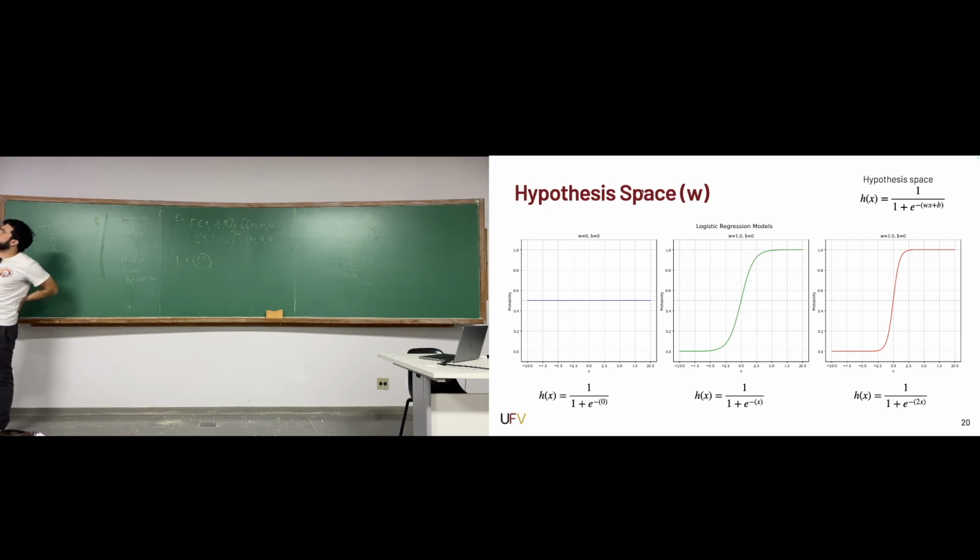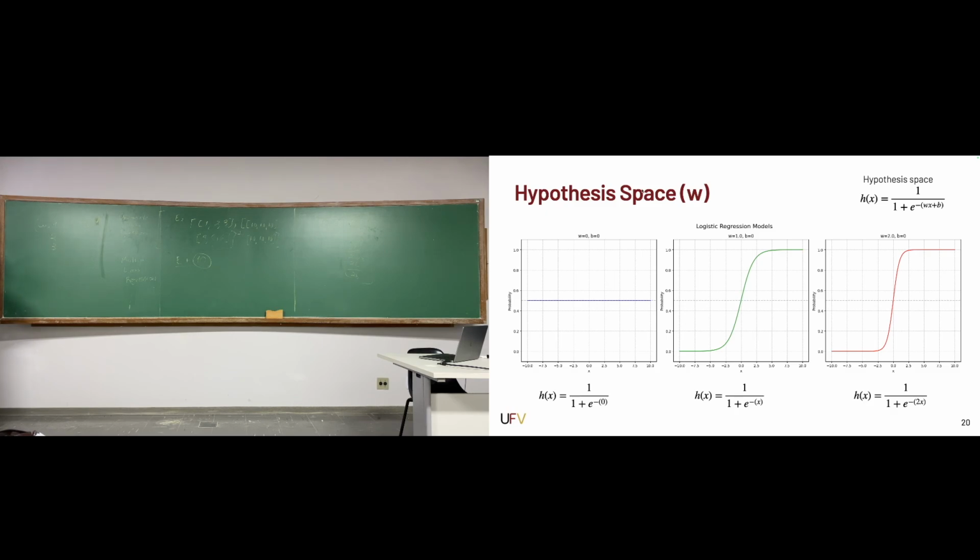I'm only visualizing here the changes in w. So b is going to always be zero, so we can see how w affects the function. If I had w equal to 1, then this would be 1 over 1 plus e to the minus x. And I would get this function here that, again, is centered at 0 because b is 0.